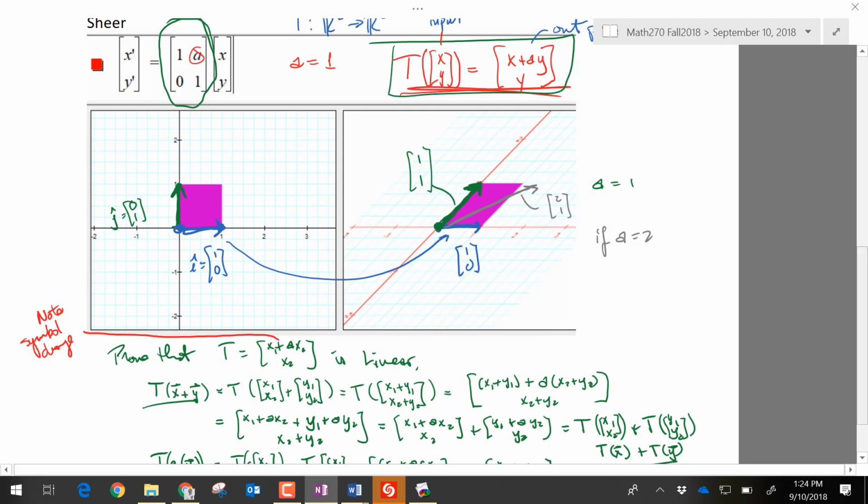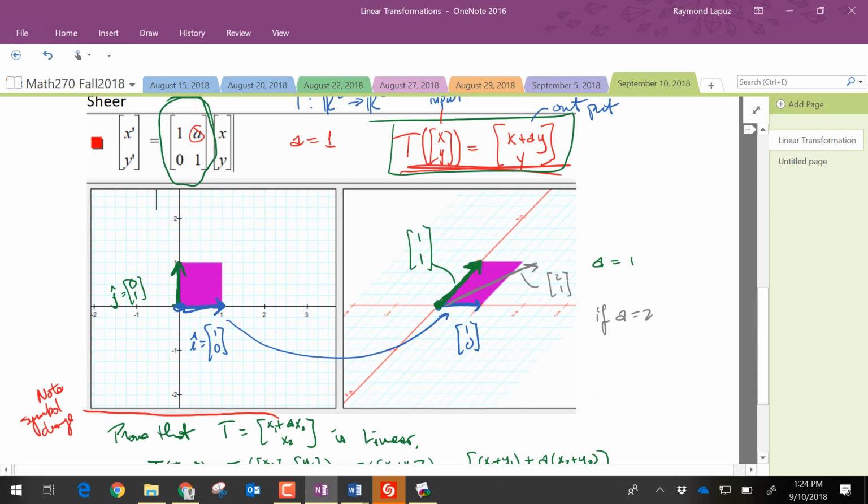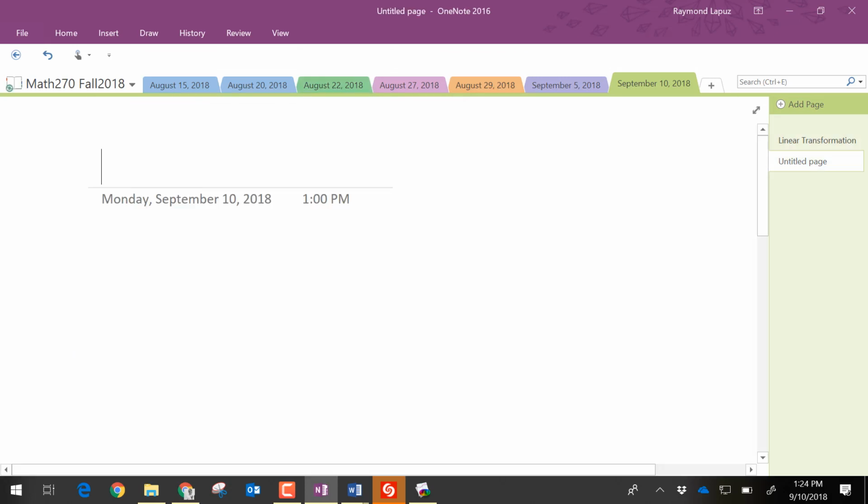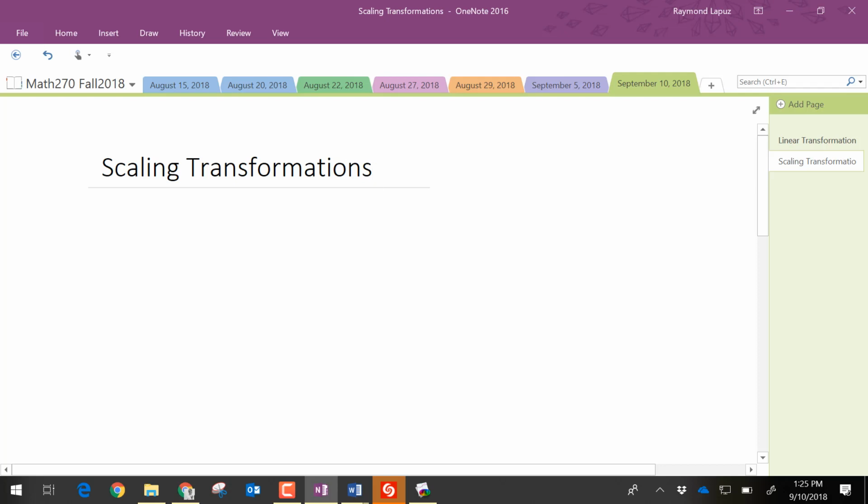We can do a couple of examples of those. So let's take a look at some scaling transformations.